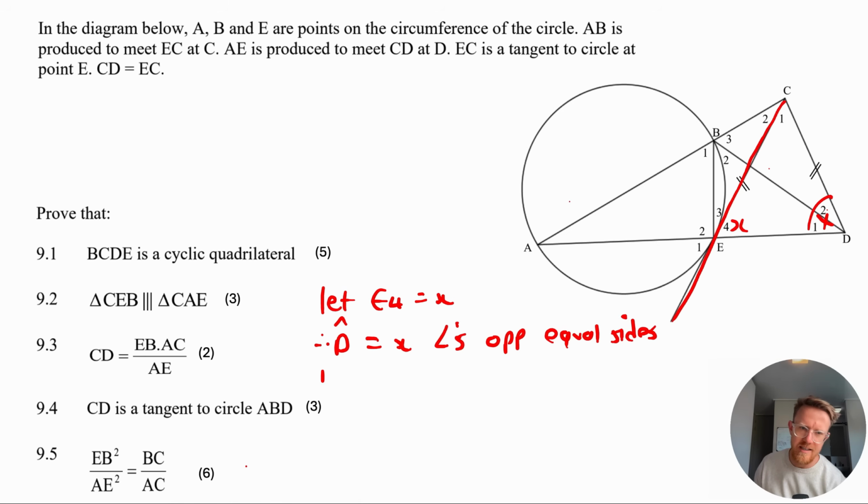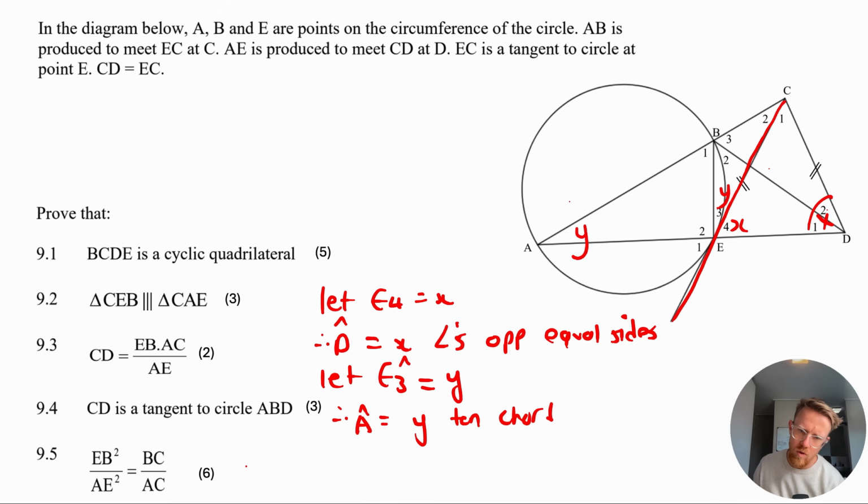So we can't say it's x because we don't know if they're the same, but let E3 equal y. Then we can say angle A is also going to be y, and that's because of tan chord theorem.